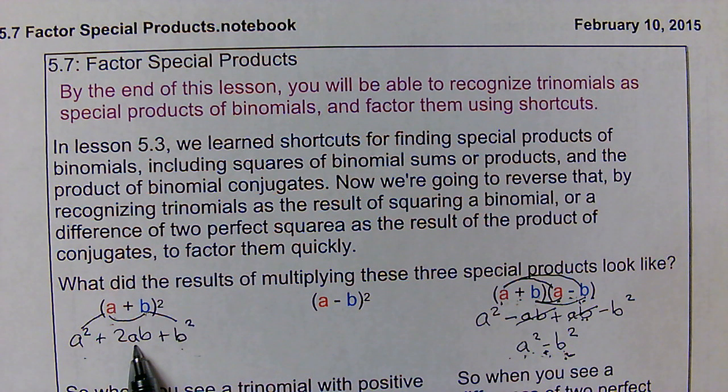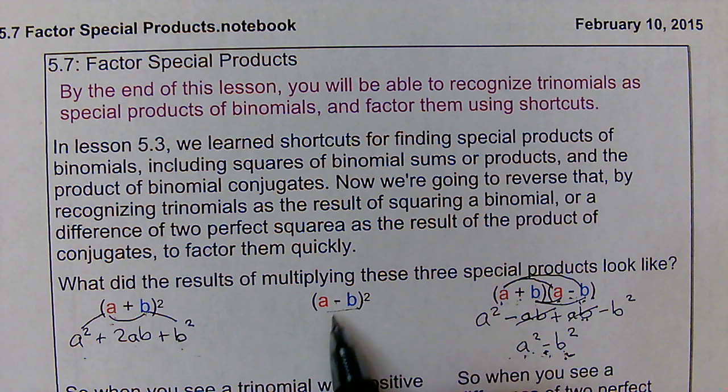If you see that a trinomial has perfect squares that are positive on both ends, and then if you take their square roots and multiply them together and double them, and that gives you the middle, then you know it's a perfect square trinomial, so it factors into the square roots squared. The sign here is the same as the sign here.